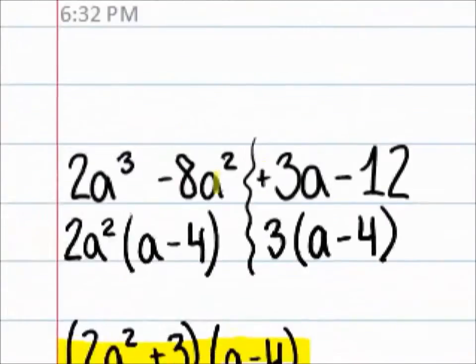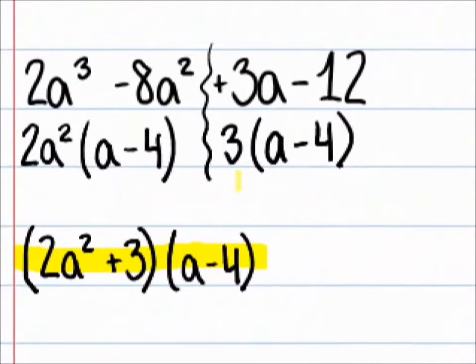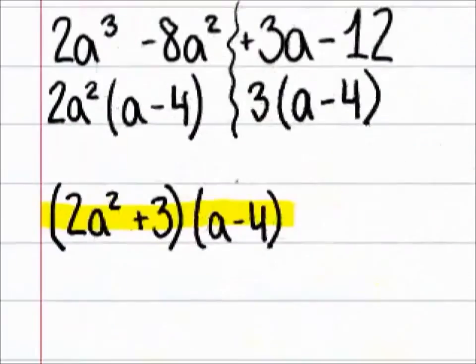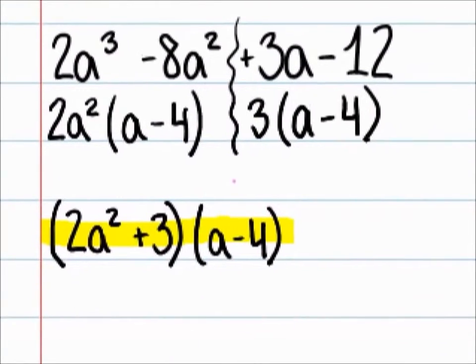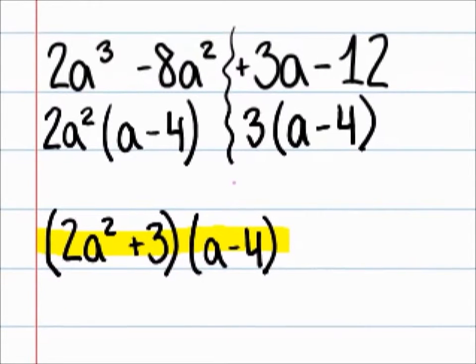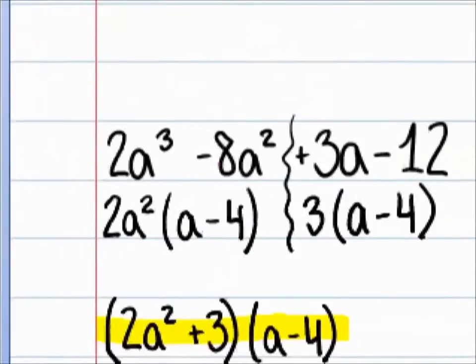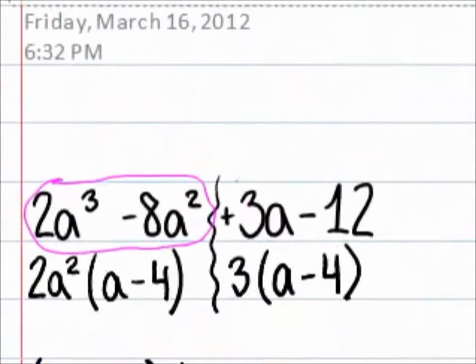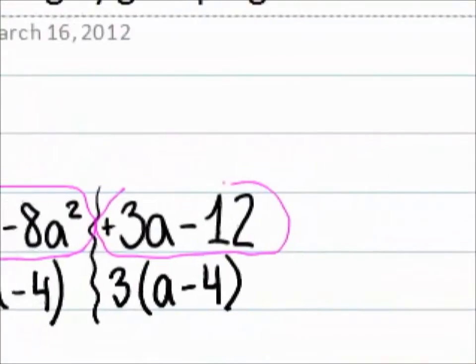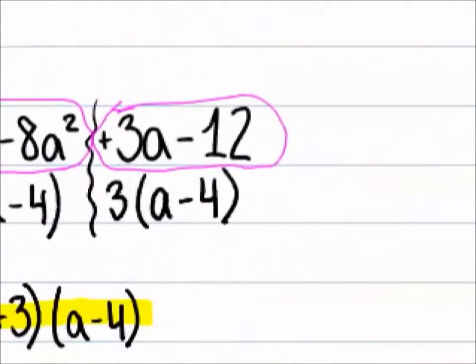Finally, I'd like to show you, so let's go back to the first example. See, 4 terms is really big, so we broke it down into groups. These 2 terms made a group, and these 2 terms made another group.